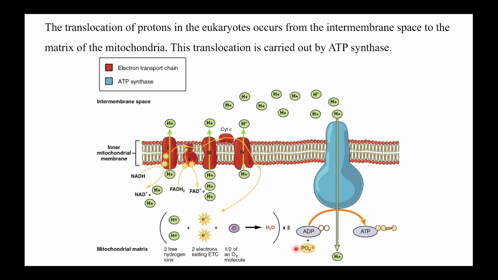The hydrolysis of ATP is energetically favorable; H2O can easily attack the ATP. But the formation of ATP from ADP is an energy driven process, and that energy is acquired by the pumping of the proton from the intermembrane space to the mitochondrial matrix.